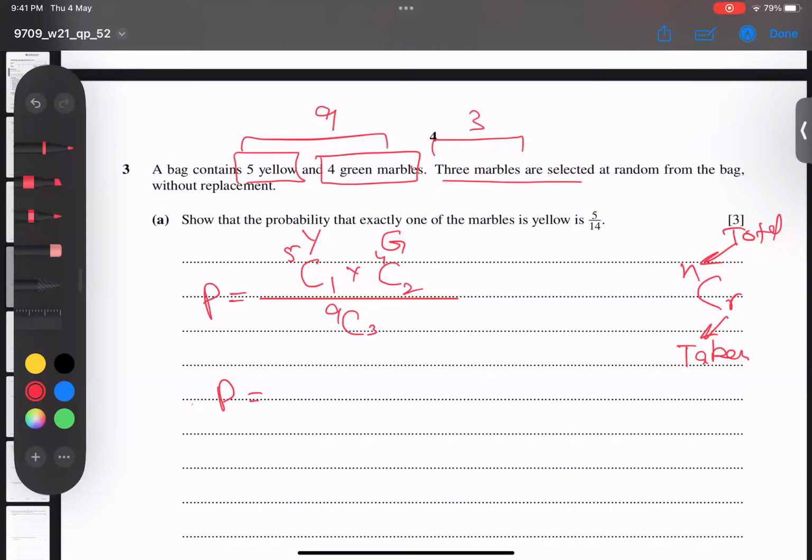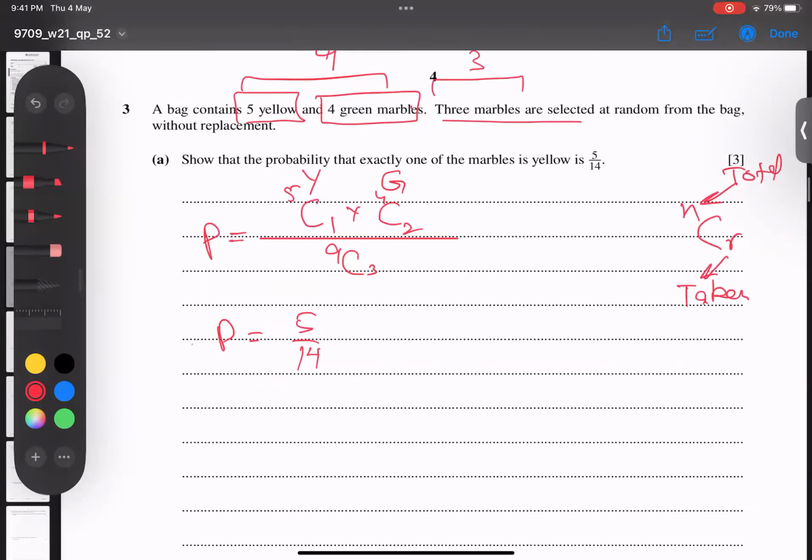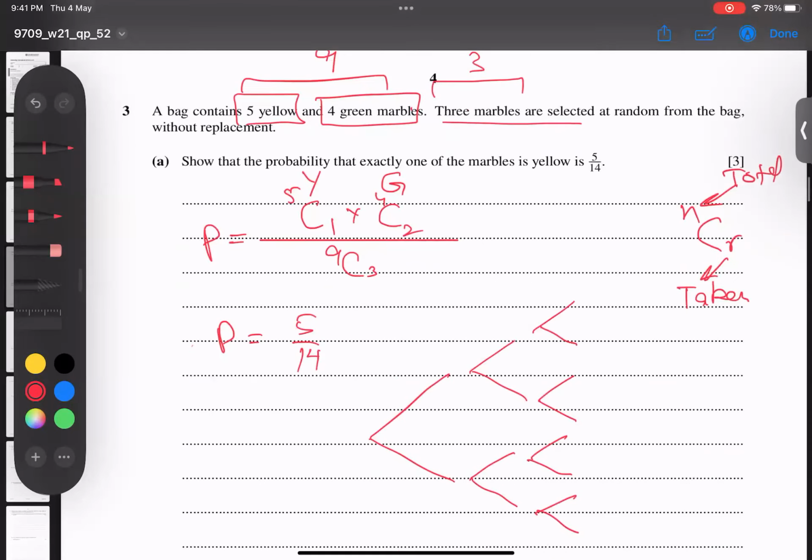The answer is coming 5/14. So I think the method is very, very clear and you're not getting any issue. Otherwise, as I said before, if you don't like this way you can use the other method, no problem. Both are 100% correct.